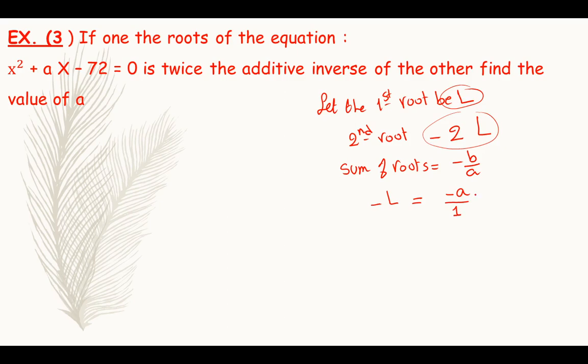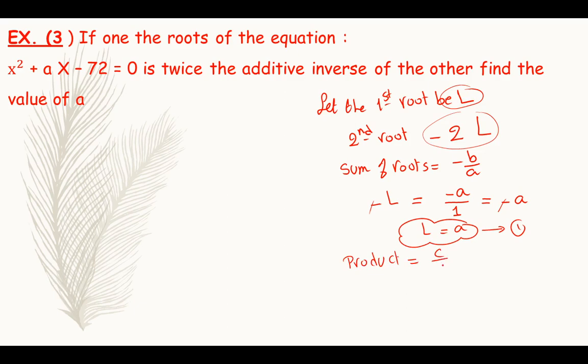So negative L will be equal to negative a over 1, which is equal to negative a. Cancel negative with negative. So now we have that L equals a. This is equation number 1.